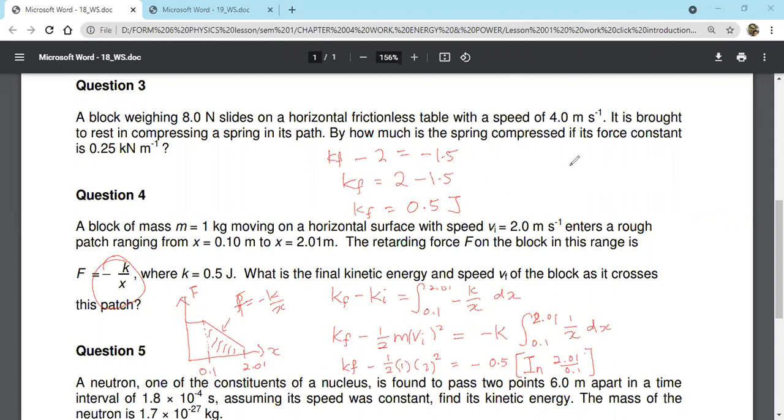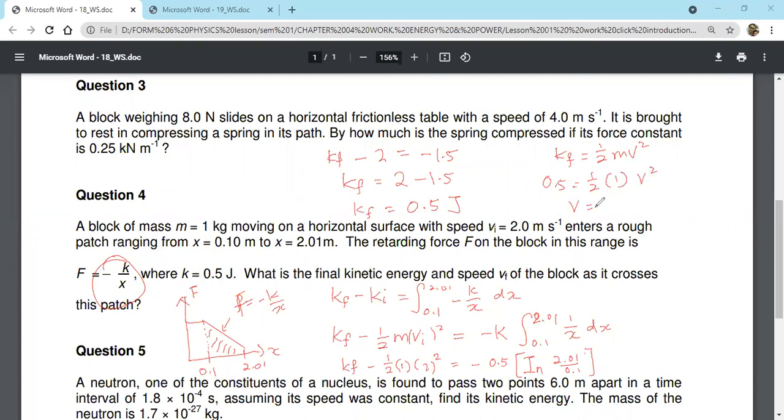So what is the speed? Kf equal to 1 over 2 mv squared. So 0.5 is equal to 1 over 2 times the mass, which is 1 kg, times v squared.